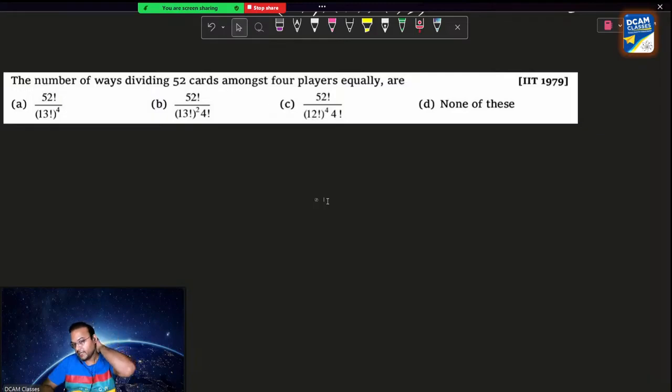If they were equal groups, then your answer would be correct, divide by 4 factorial, option A. Understood, Diva? Yes, sir. They were actually exactly the same. You have to divide by 4 factorial. But if groups were not exactly the same, leave it as it is.